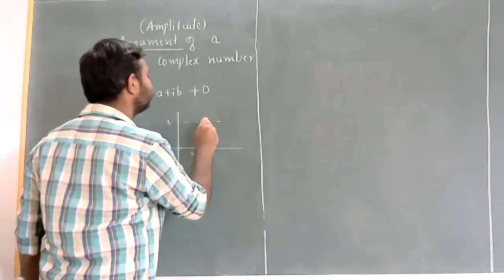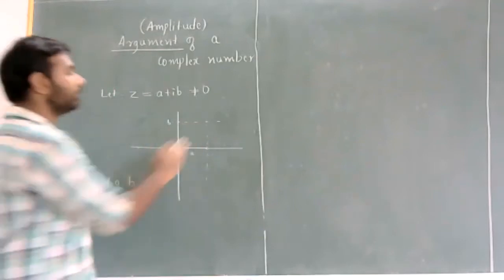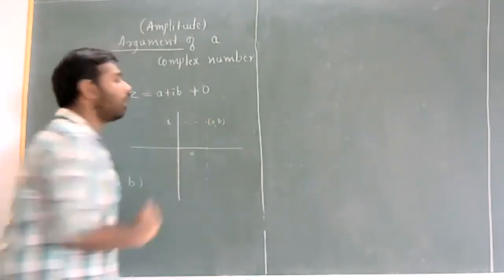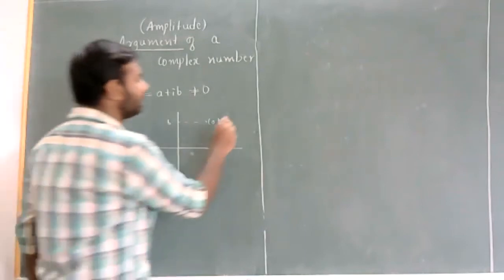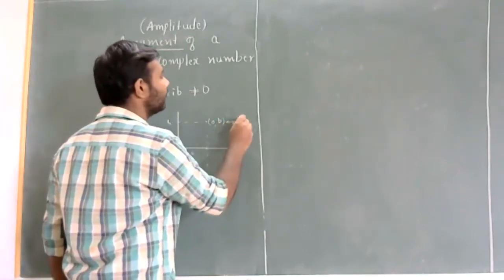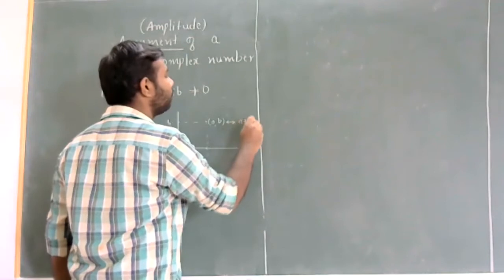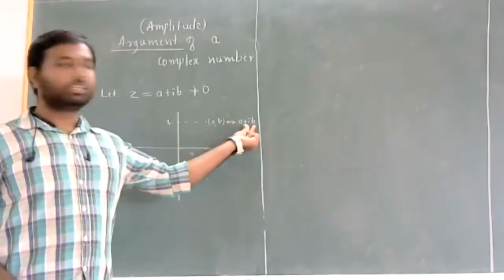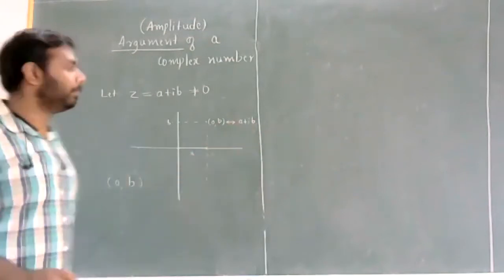Where these two lines meet, that will be the point, the ordered pair A comma B, and it is associated uniquely with the complex number A plus IB. So this is the point A plus IB.